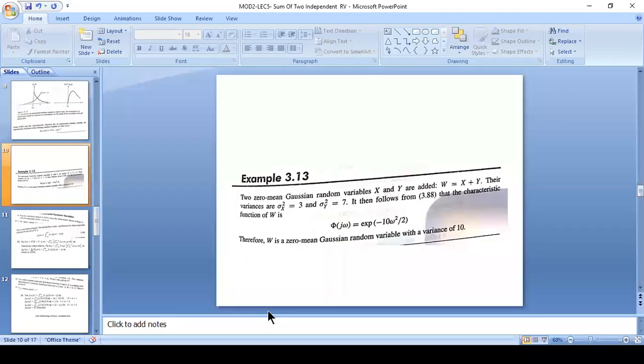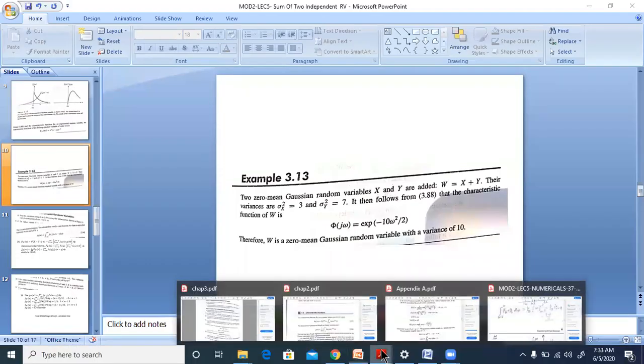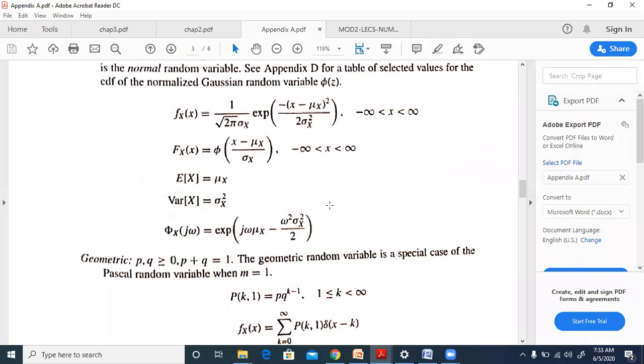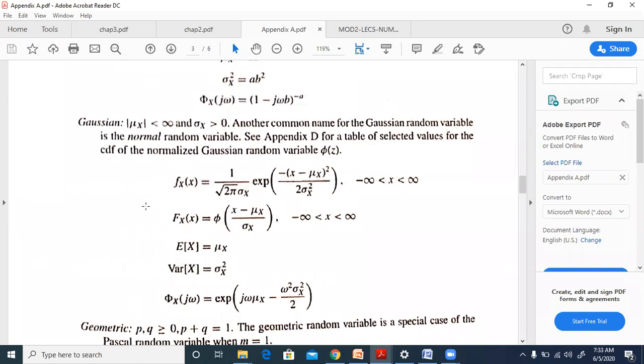Now let us see that in the appendix. So this is the Gaussian random variable's characteristic function. If this is zero mean, then we'll have this quantity equal to 0, and we are left with exponential of minus omega square sigma x squared by 2.